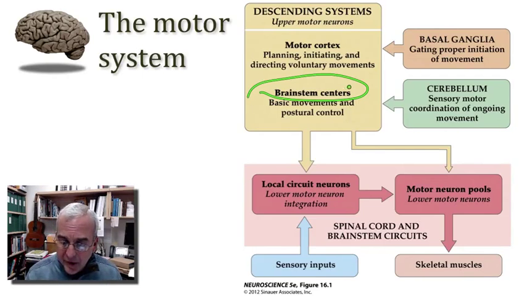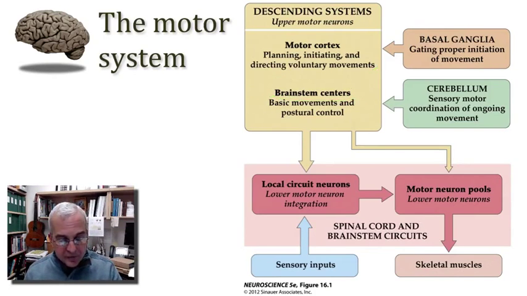And this is largely where these brainstem centers come in. So while I don't particularly think of these brainstem centers as expressing voluntary behavior, I do think of them as being essential for the expression of the skilled voluntary motor acts that we normally think about when we consider human movement.